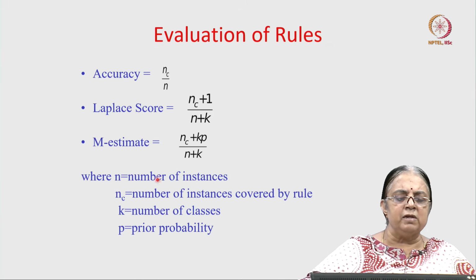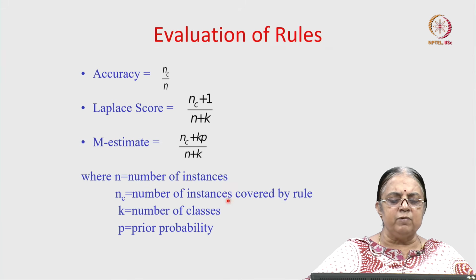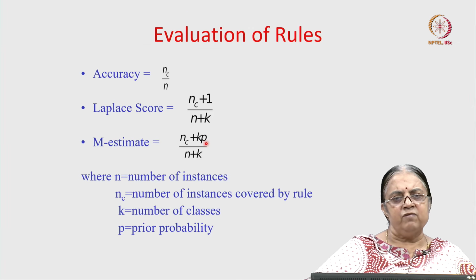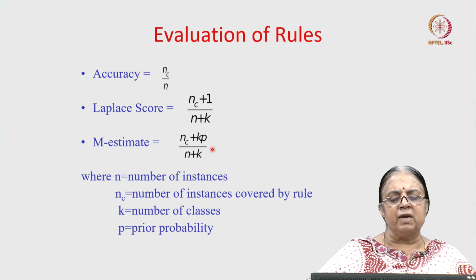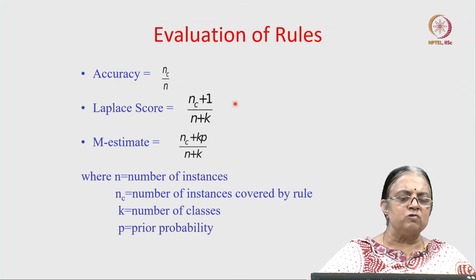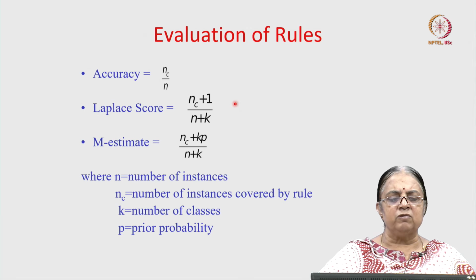Next is what is called the Laplace score, where you take the number of instances covered plus 1 divided by n plus k, where k is the number of classes. And you have the m estimate, which is equivalent to the Laplace score except for this prior probability which is given here. If this probability is the same for all the classes, you get 1 by k, which means this reduces to the Laplace score. So, these are all evaluation scores for the rules used in a rule based system.